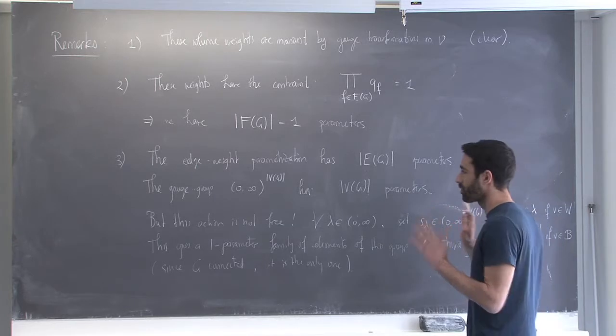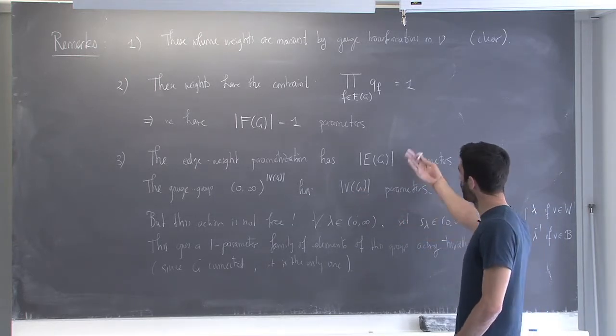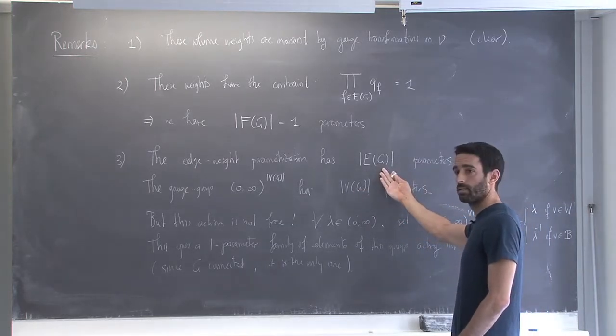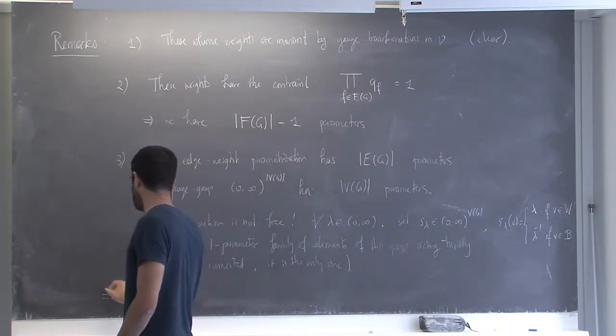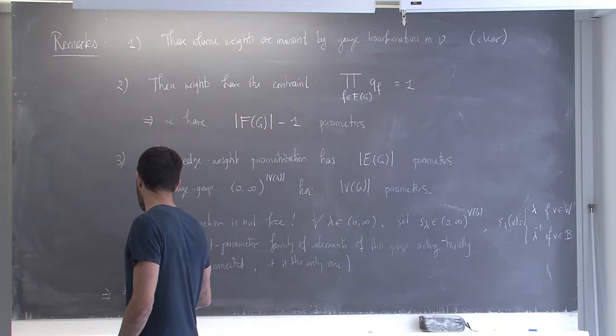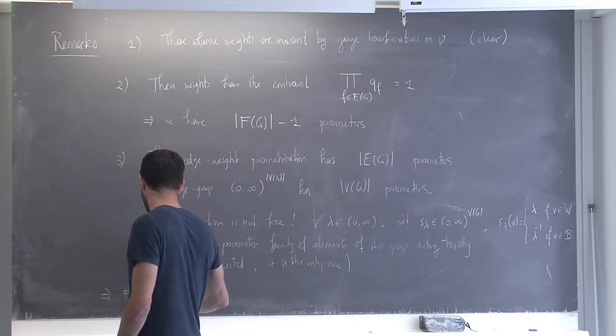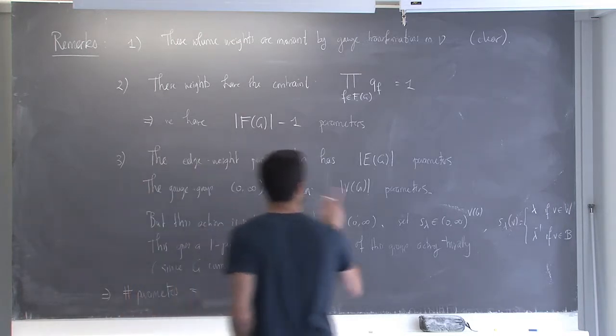So now let's count the number of parameters that we have when we look at edge weight modulo gauge transformation. The number of parameters is equal to what?